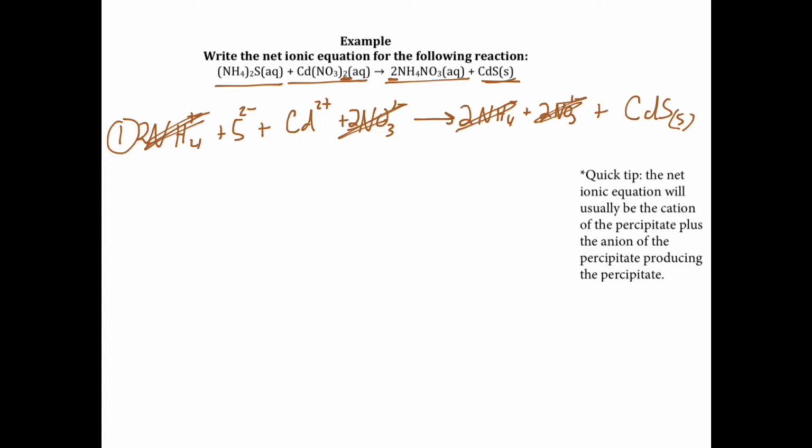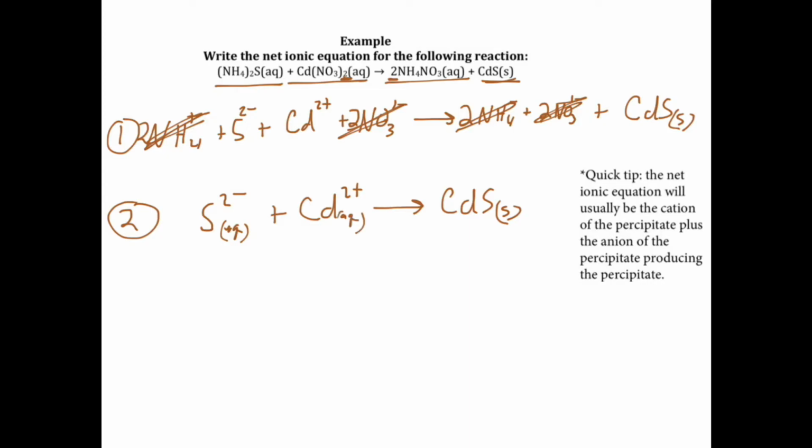This is actually what we end up with. The net ionic equation is going to be this plus this yields this. And these are technically aqueous, so we can write AQ. And this here is the net ionic equation.